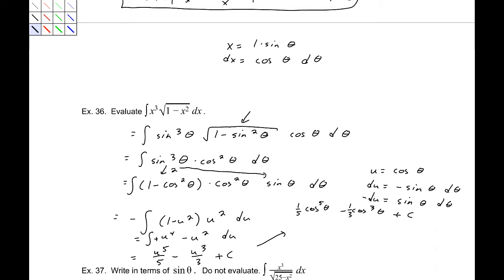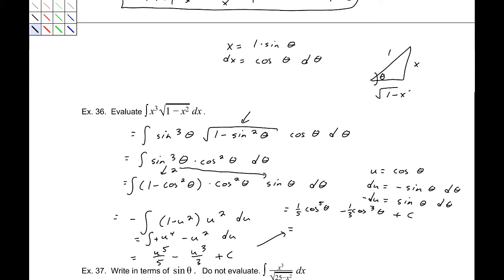We need to back this up into x's. Alright, so cosine theta, using my triangle, if sine is x over 1, my cosine is the square root of 1 minus x squared over 1. So each of my cosines becomes a square root of 1 minus x squared.